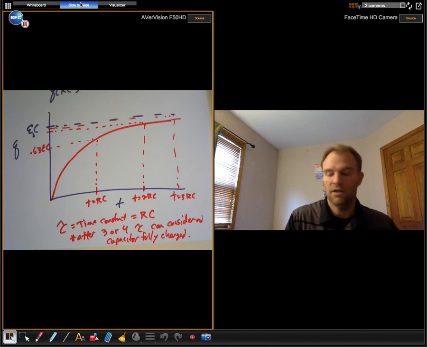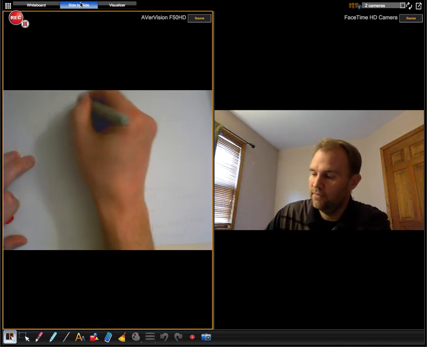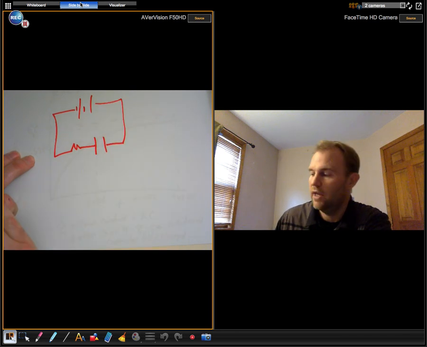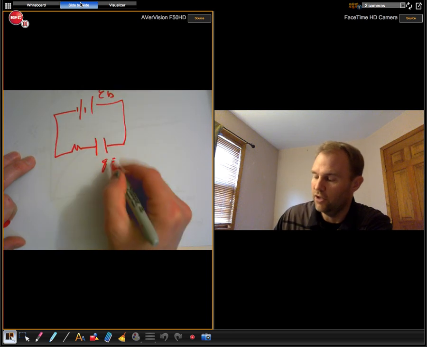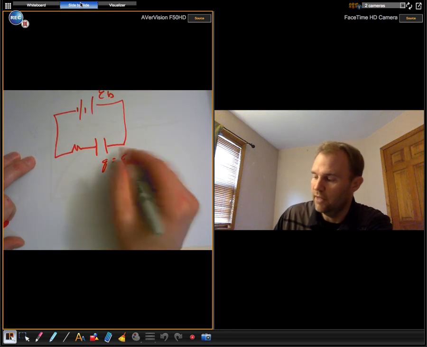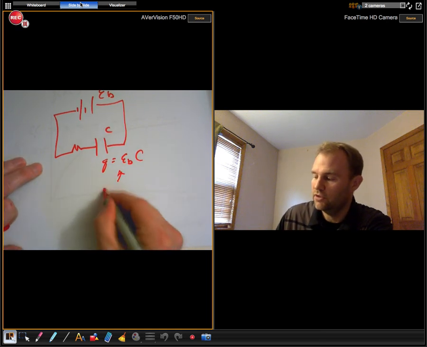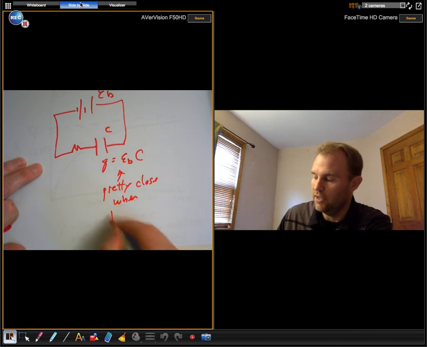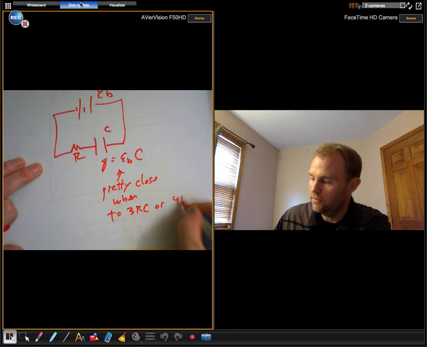So when we look at some sort of circuit like this, and we know that this is going to end up having a final charge of epsilon times the capacitance of it, we can say that we're going to be pretty close to this when time equals 3 times RC, or 4 RC.